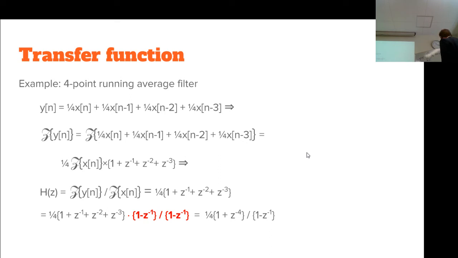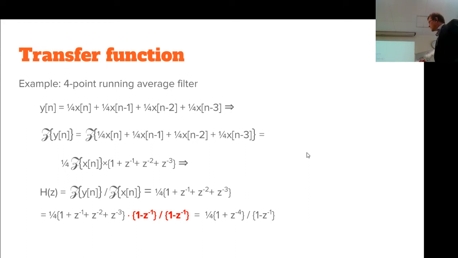y of n minus y of n minus 1 equals 1/4 times x of n plus x of n minus, wait a minute, sign error, minus. I found some sign error in my own notes.